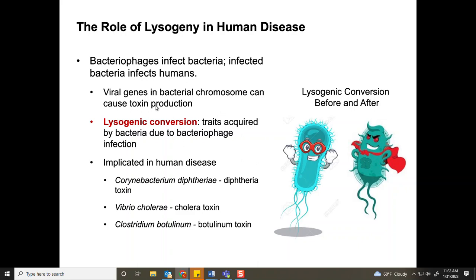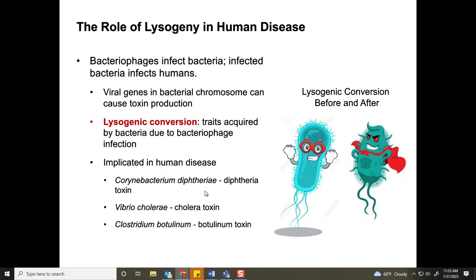It can cause toxin production, for example. So lysogenic conversion refers to traits that are acquired by bacteria due to infection by a virus. It's giving these bacteria new traits that can then cause us as humans more problems.